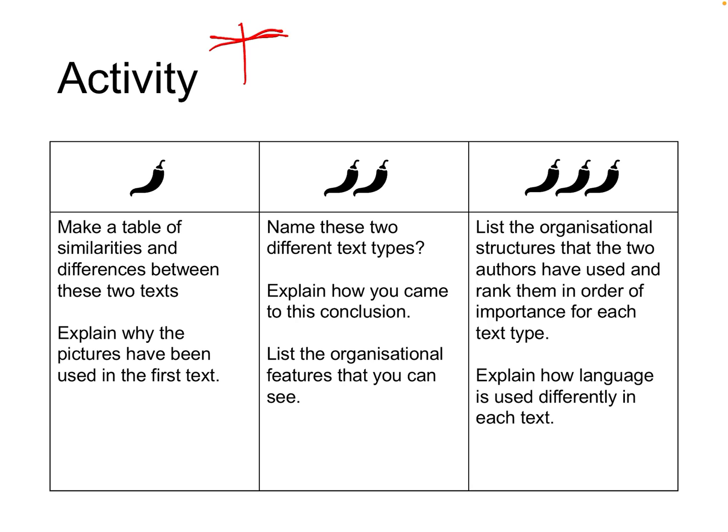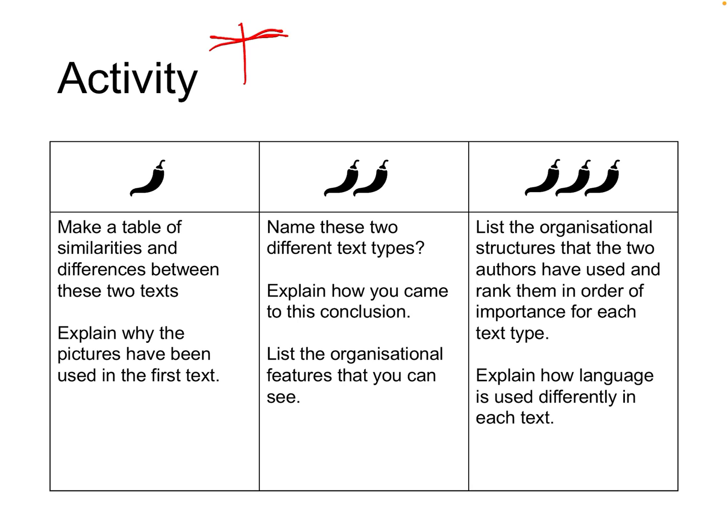And number 2, explain how language is used differently in the text. Now that might be to do with the actual words that they use. They might use more technical words, they might use more figurative language, they might use more similes, they might use more adjectives, they might use more topic words, words that are specific to certain genres and topics.